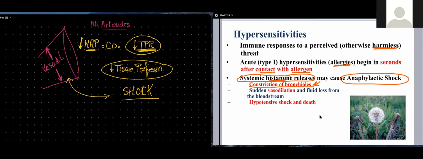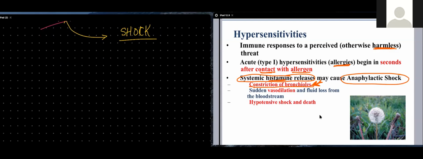The other inflammatory reaction that results from hypersensitivity is major bronchoconstriction. So the person has a major drop in tissue perfusion and he can't breathe because he has constriction of the bronchi.